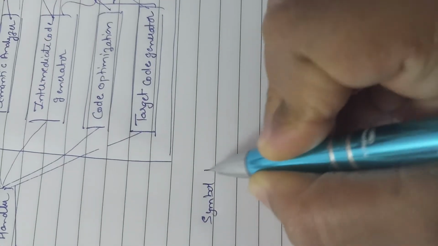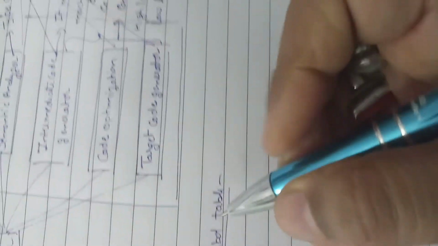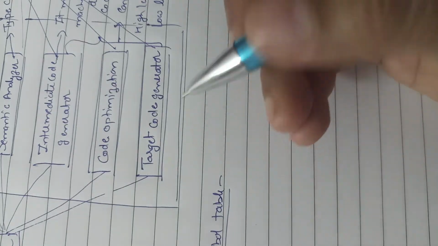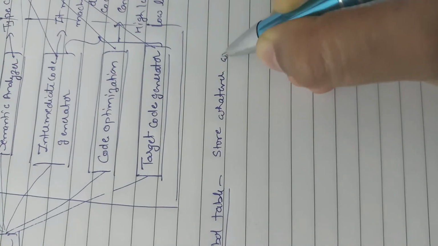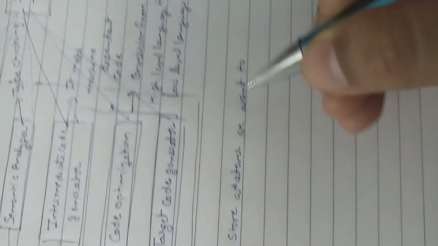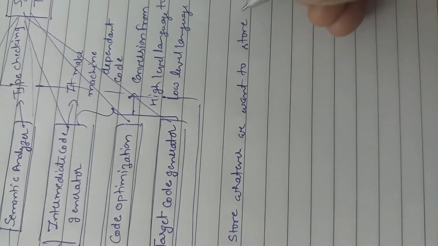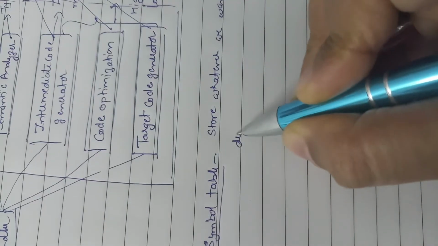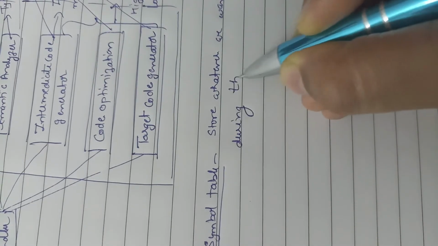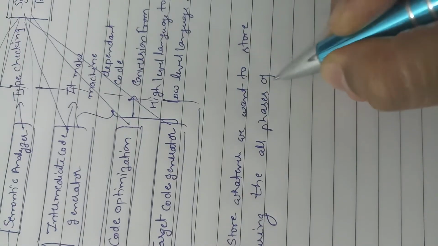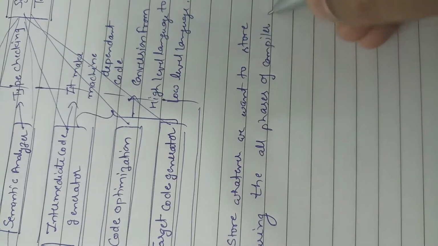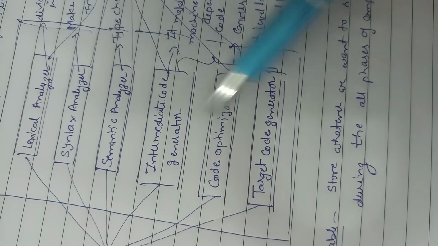So what will the symbol table do? The symbol table stores whatever we want to store during all phases of the compiler.